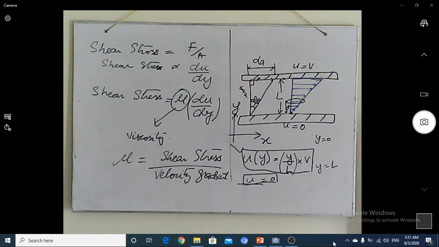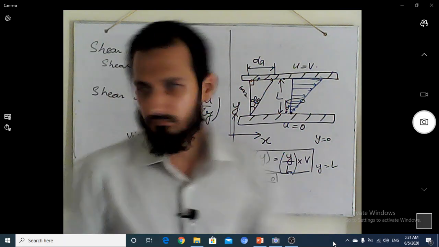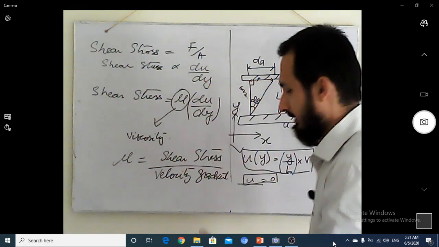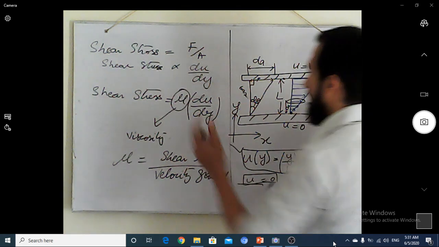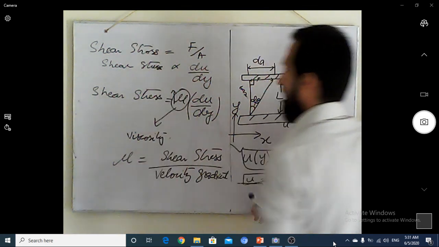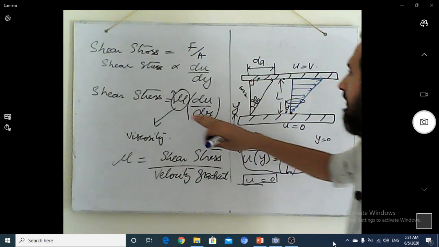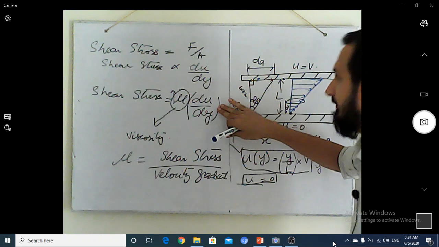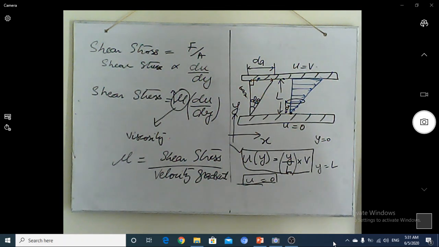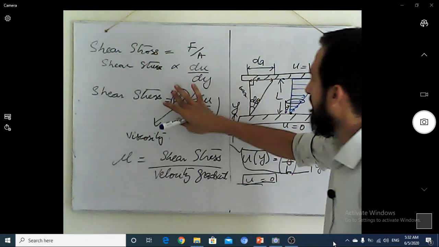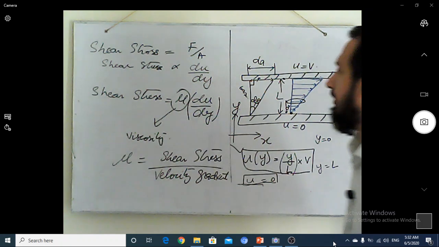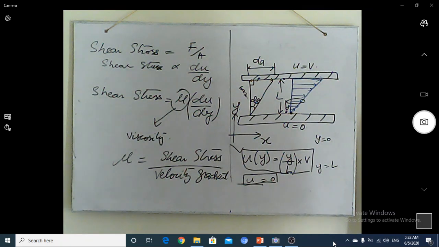So through these equations we can analyze that if the viscosity is higher, greater shear stress is required in order to produce a certain velocity gradient. And if the viscosity is much lower, on the application of very minor shear stress, the velocity gradient becomes much higher.